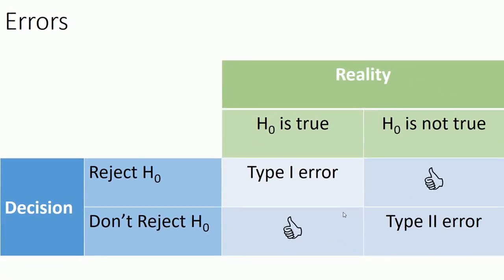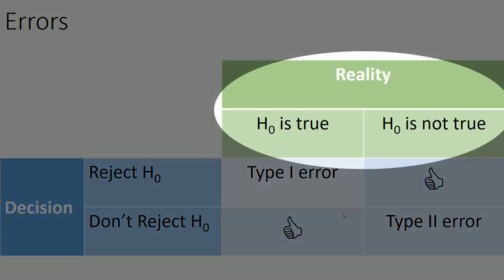So, of course, you can make errors when you do a hypothesis test, which is to say that sometimes your decision, although done correctly and by the book, because of just the randomness in sampling, happens to not coincide with reality. So we're going to look at this table.